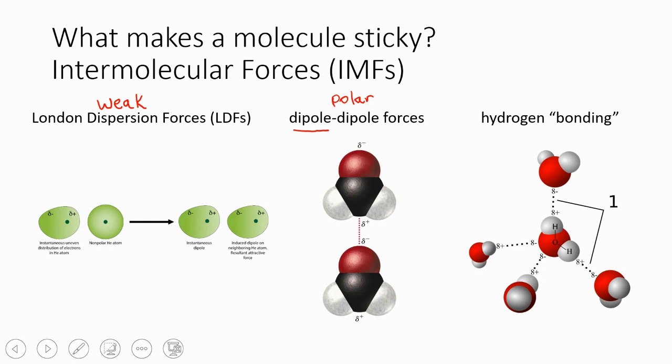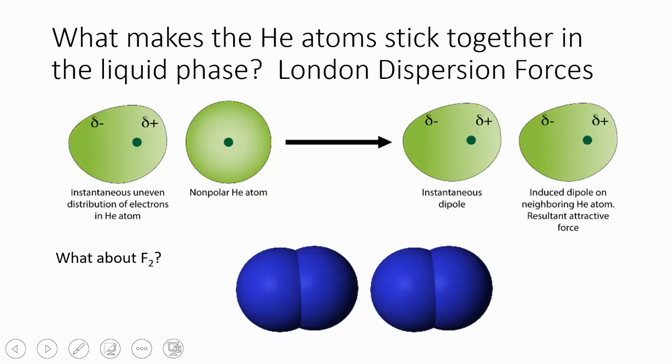So, like I said a moment ago, today we're going to focus on just London dispersion forces, which we'll sometimes refer to as LDFs. I'm going to give you the simplest take I can on a London dispersion force right now by looking at a simple helium atom, actually two of them.